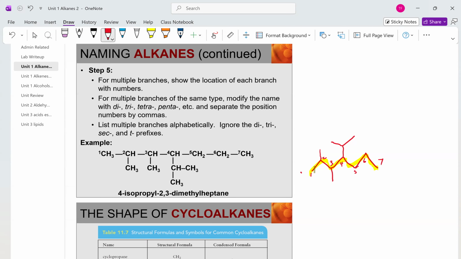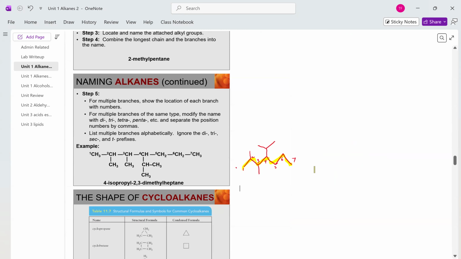Okay, so remember when we're naming stuff, it's in 3 parts. The first part is branching. So we have 2 methyls and an isopropyl. The isopropyl alphabetically comes before methyl, so that's going to come first. So it's 4-isopropyl-2,3-dimethyl. Whenever you have a di, you have to have 2 numbers here.